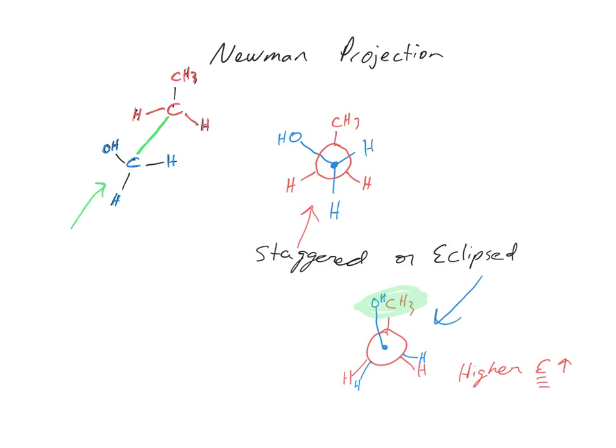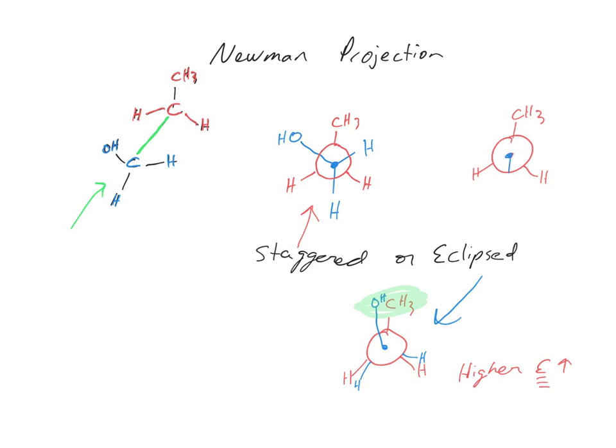And so what we want to do is see if we can draw the lowest energy structure. And so that one is going to be when we keep the CH3 on top by two hydrogens. Now, we said that of the blue ones, we have hydrogen, hydrogen, oxygen. The oxygen is the biggest.